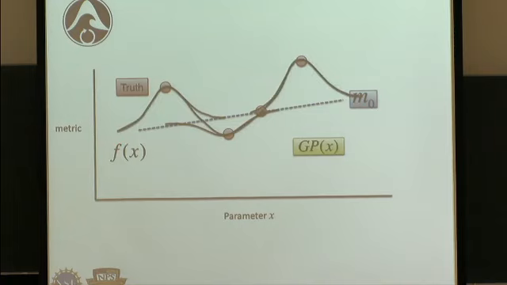Then the black line is the mean through all of these quantities. Between the first and second points, there's a relatively large uncertainty in this area, while between the third and fourth points there is a much smaller uncertainty in what the solution should be.